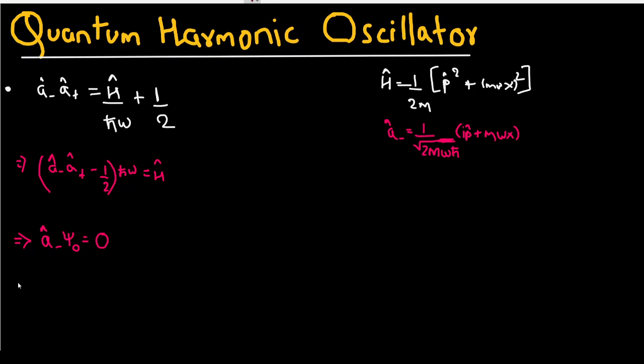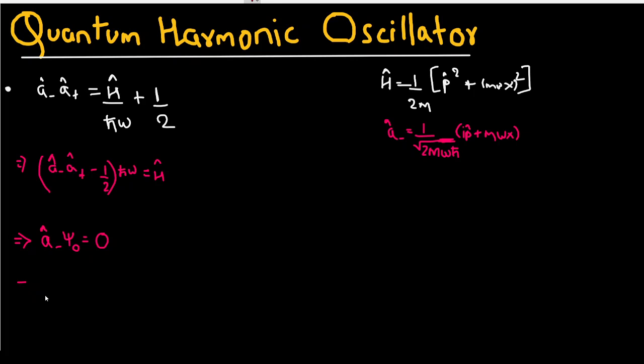Okay, so let's substitute the value of A minus. I have written here the value of A cap minus as 1 over root under 2 m omega h cut, times iota p cap plus m omega x.